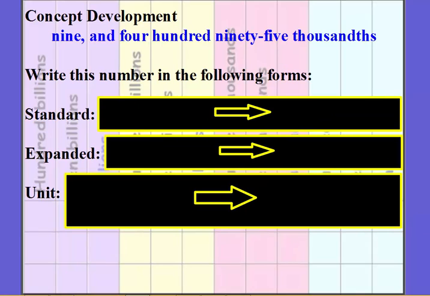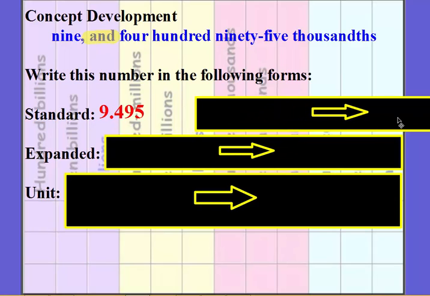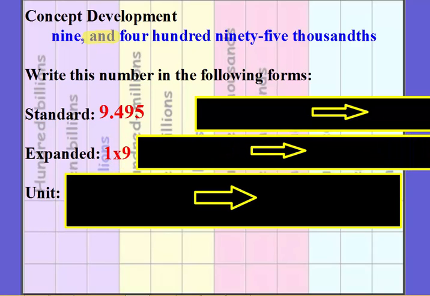Alright, let's keep going. Again, I'm seeing that "and" sign. So it's a whole number and then a decimal. So my decimal is 495 thousandths. Expanded form, I have 9 ones.